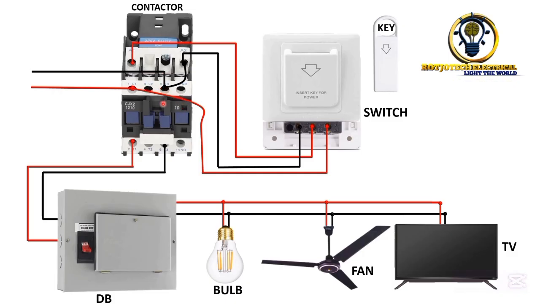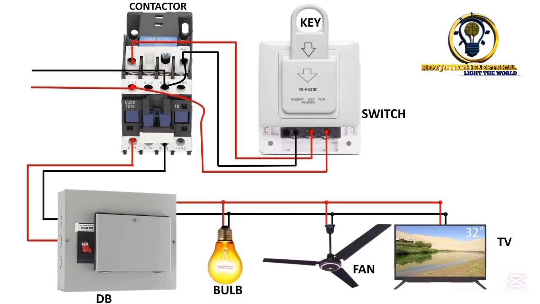So the power that has been provided here will supply down to this other side, and the distribution board will be powered. And immediately the distribution board is powered, all our loads can now be powered, and that's exactly what happened right here.